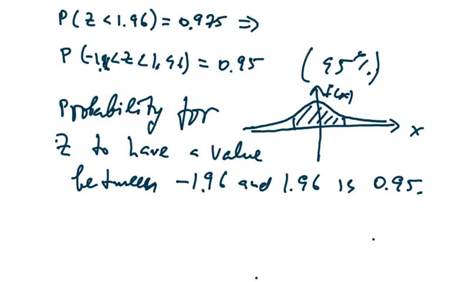So 0.95 is the given confidence level. We will talk about this more later on, but for now I can put these numbers. So the probability that Z by absolute value is less than 1.96 is 0.95. So this is the confidence level that Z will be around its mean value, which is 0.